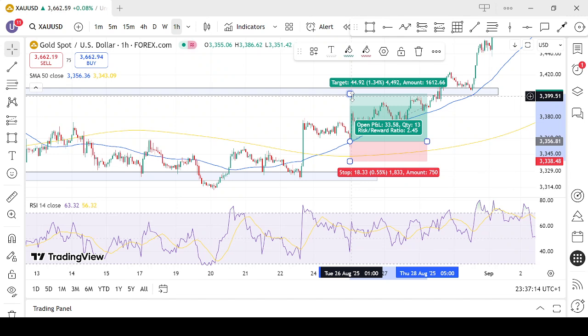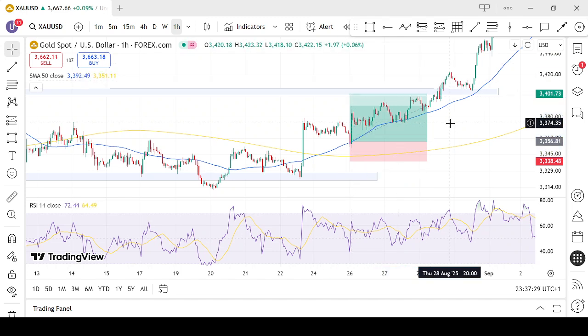You also have to calculate your position size based on the distance between your entry and your stop loss. For example, if your capital is $10,000 and you risk 1% per trade, meaning you are going to be risking $100 per trade, and your stop loss should be $10 away, you can trade 10 ounces of gold with this particular position size.